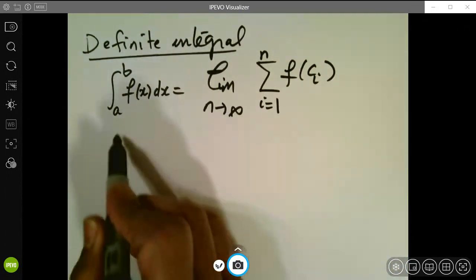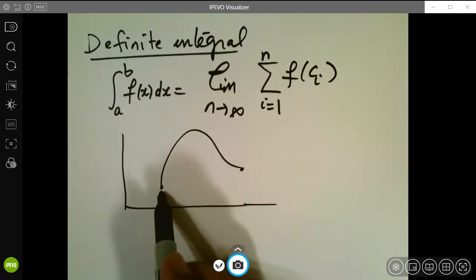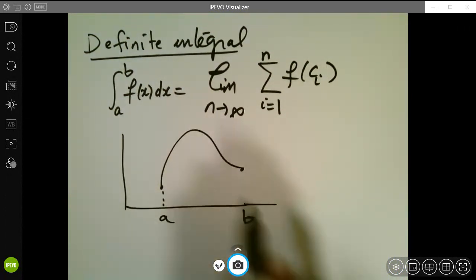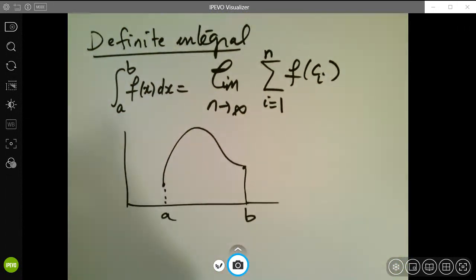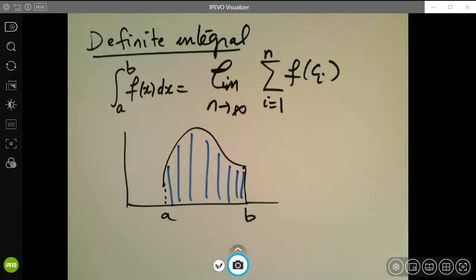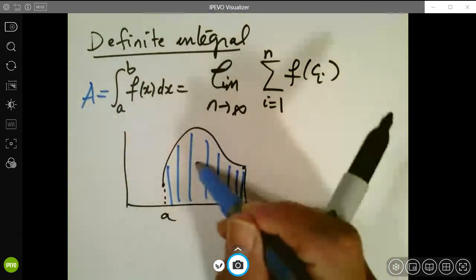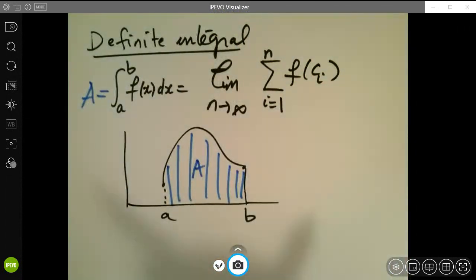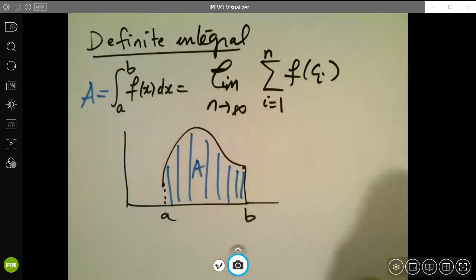And obviously, if you have a and b, this definitely gives you the surface area under the curve. This is how we define the definite integral. So this one is the same as this area. And that's what Riemann did. I think this was a Riemann idea. We used Riemann sums to find this one.